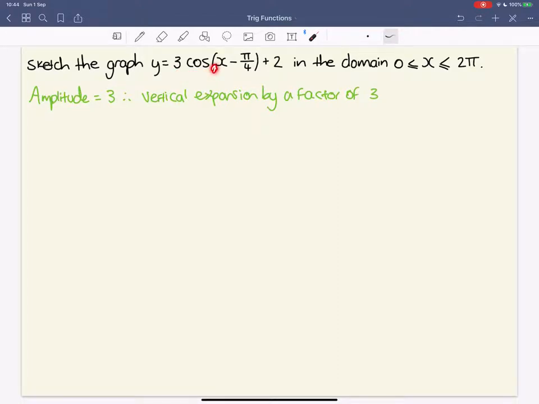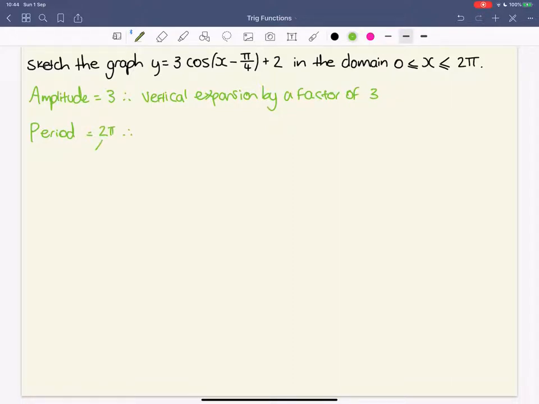All right, moving on. Our B position is just 1. So we know already that our period, or our horizontal expansion, is just going to be 2 pi, just like the normal cos x curve. Nothing will change. It won't be horizontally expanded. We'll just write it though. So our period is going to be 2 pi.